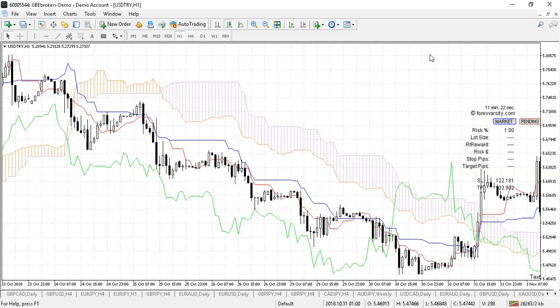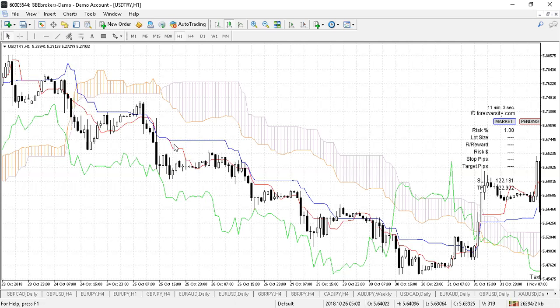The first line I want to discuss is this blue line. It's called the conversion line. What this line indicates is the last 9 periods, the last 9 candlesticks.